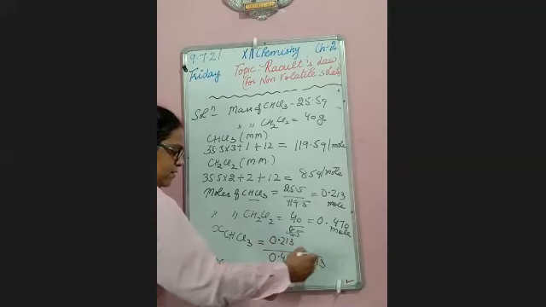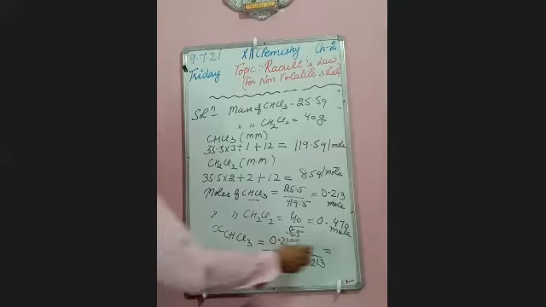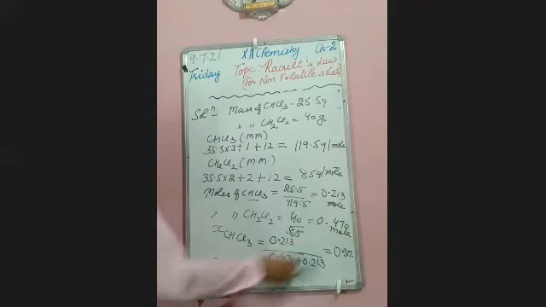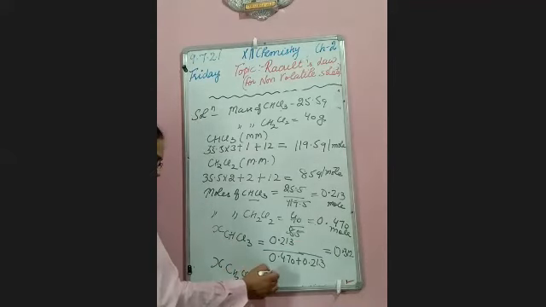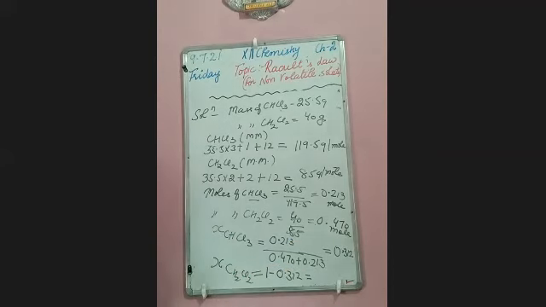Solve it and send me the answer fast. It will be 0.312. And you can directly calculate it as 1 minus 0.312, because the sum of the mole fractions of all the components is equal to 1. So it will be 0.688.